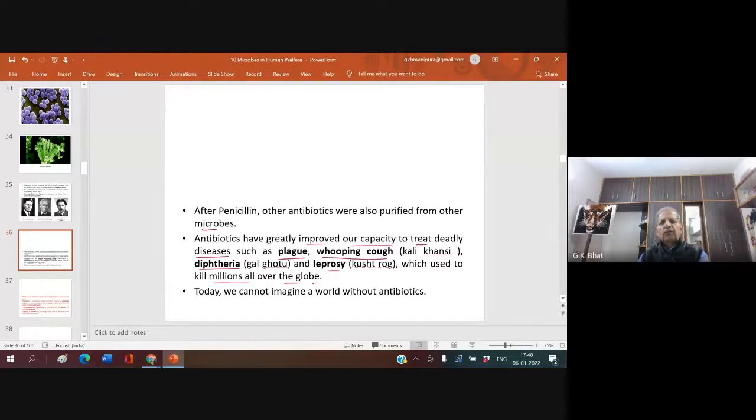There was no medicine for these diseases prior to the discovery of antibiotics. Today, we cannot imagine a life without antibiotics.